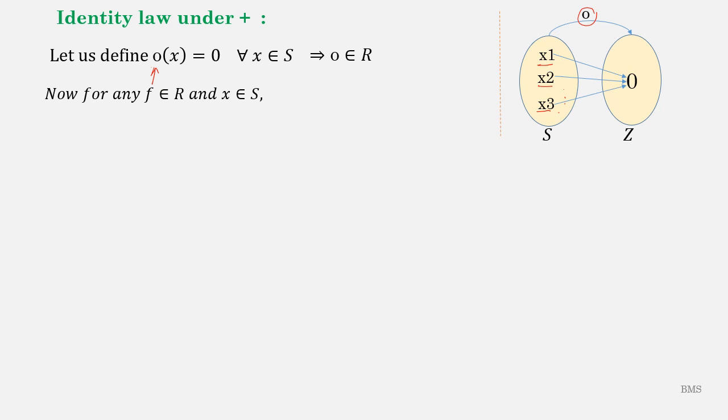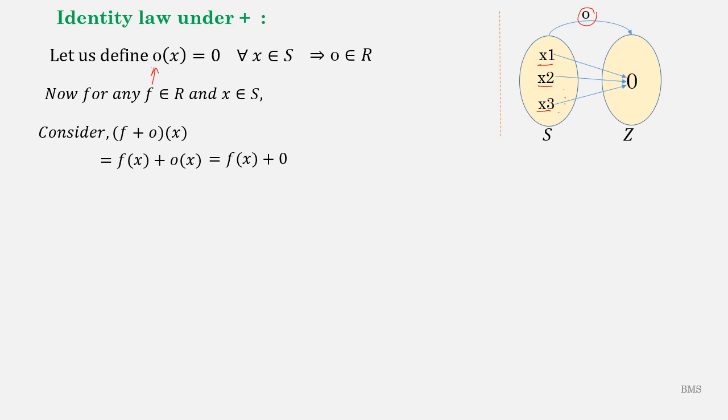Now for any f in R and x in Z, consider f + O. Okay. So (f + O)(x) is defined like this: f(x) + O(x), by the definition of plus, and that is equal to f(x) + 0. This is by the definition of O(x). O(x) is equal to 0.